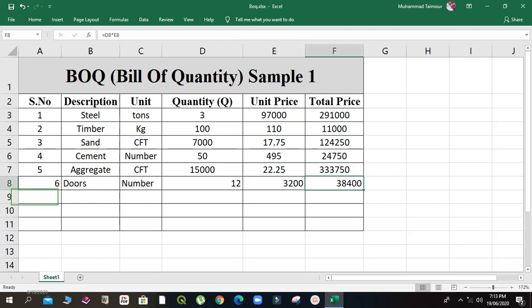So here the price is 38,400. Now serial number 7, windows. This unit is also in number, and let's say that I order 12 windows and the price of each window is 4,000.